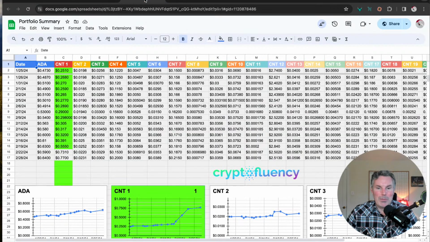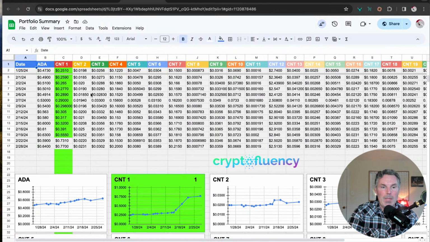Here's our model portfolio summary. Here we go. We're off the chart. AGIX, right? I gave you the bonus. AGIX CNT1 was the first to go off the chart, so it was highlighted in green. The chart down here is highlighted in green, and we readjusted the chart. The first chart was from 0 to 0.5, with the midline being around 0.25.